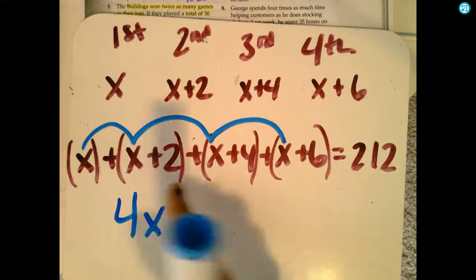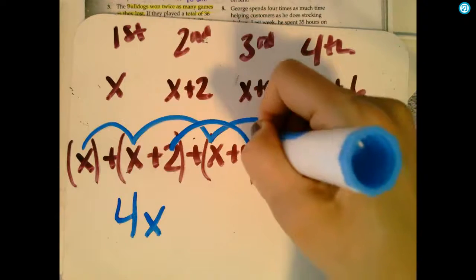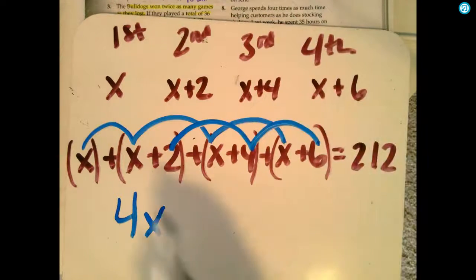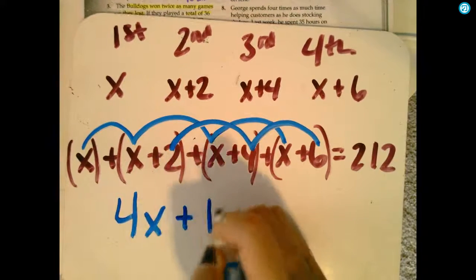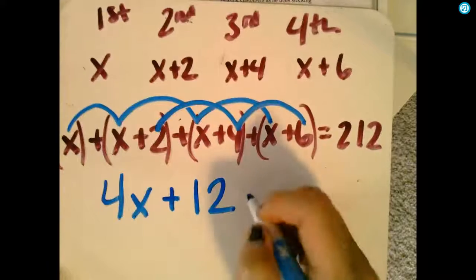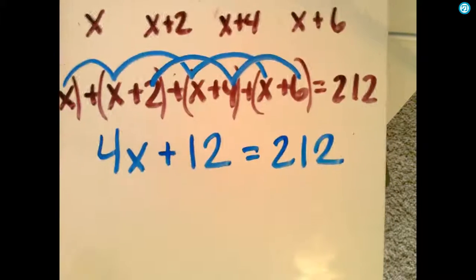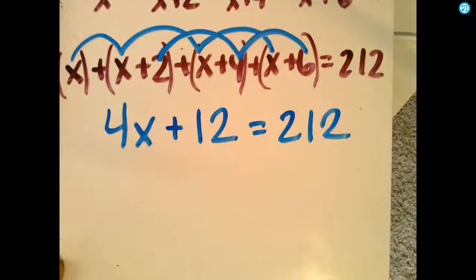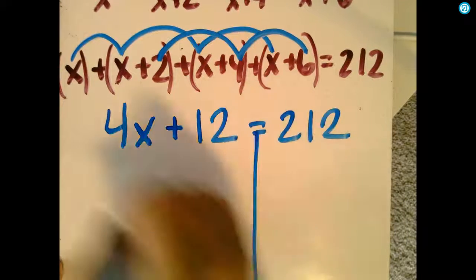Then I can combine my constants, my numbers. I've got a 2 plus a 4 plus a 6. 2 plus 4 is 6. 6 plus 6 is 12. So 4x plus 12 equals 212. I can't combine my 4x and 12 because they're not like terms, so now we're going to start solving.